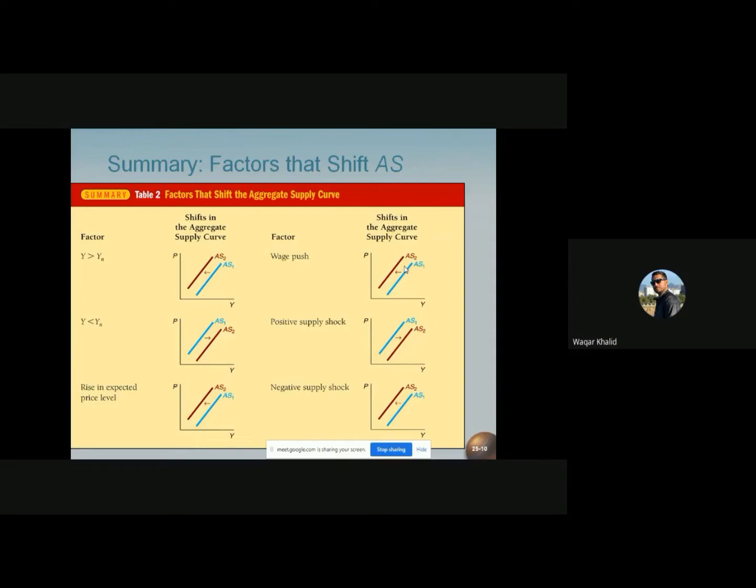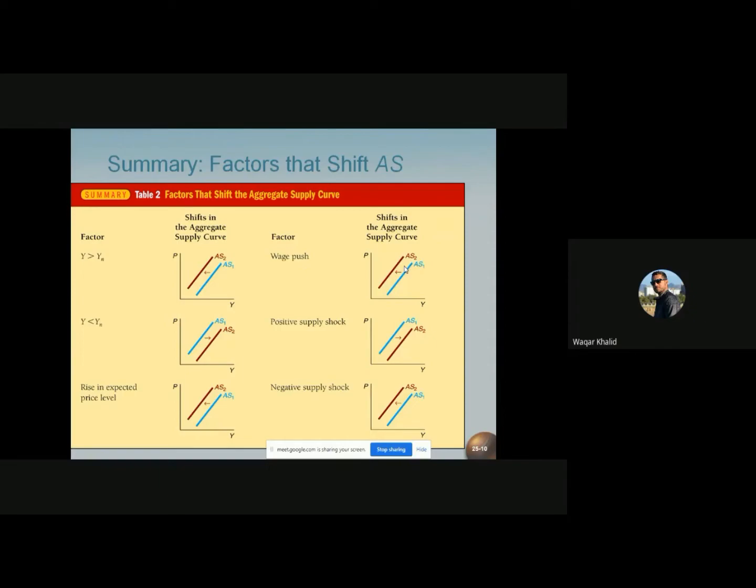Changes in production costs unrelated to wages. For example, changes in technology and in the supply of raw materials. These are known as supply shocks. So we have two shocks.